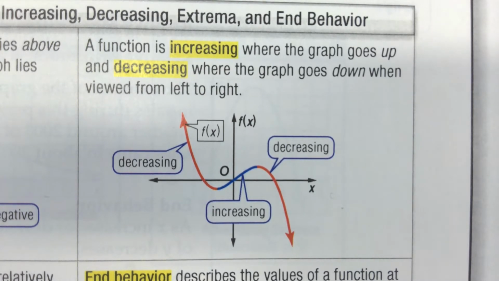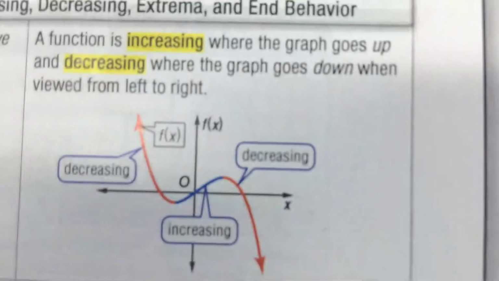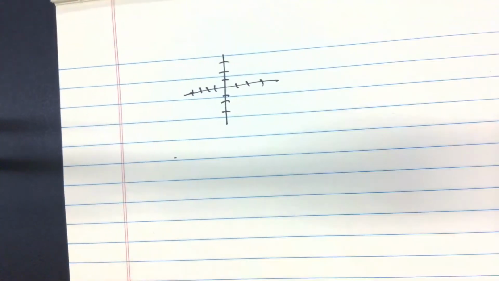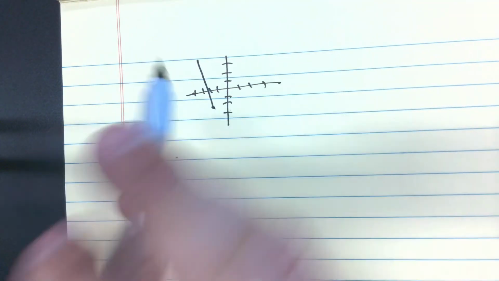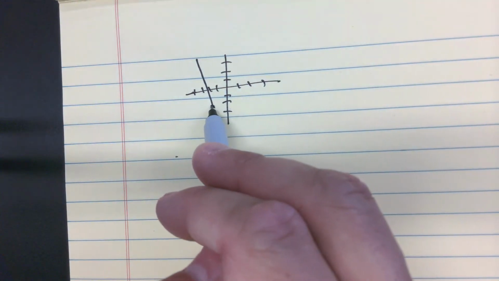Okay, questions on that? From left to right, if it's going up, it's increasing. There is a situation where you might see a flat line. For example, if this is my graph, we may see a line that comes down, which would be decreasing, and then a line that turns flat.